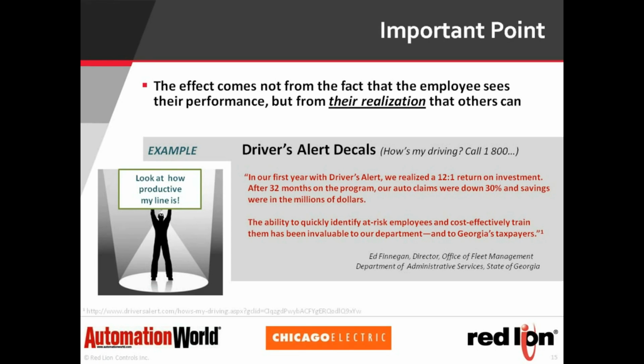And he goes on to be quoted that his ability to quickly identify at-risk employees was very valuable. And I say, you throw those bumper stickers on the back of my vehicle, I'm going to know. Whether or not I'm a bad driver or not, I'm going to know that people watching me have the ability to make comment. So immediately, my driving style is going to change.